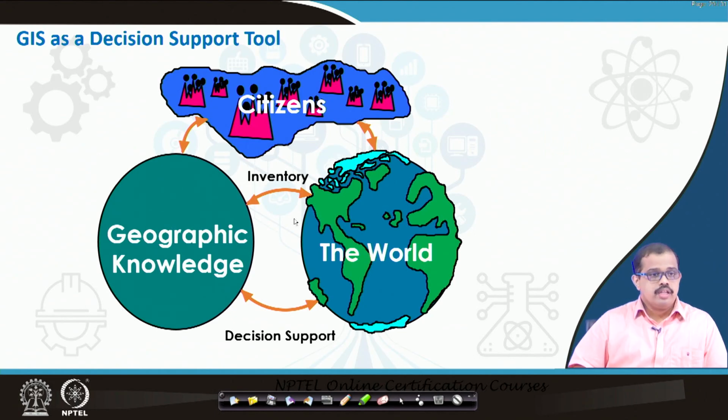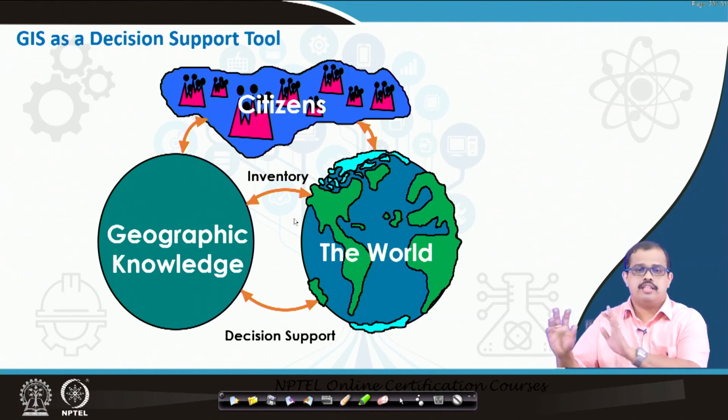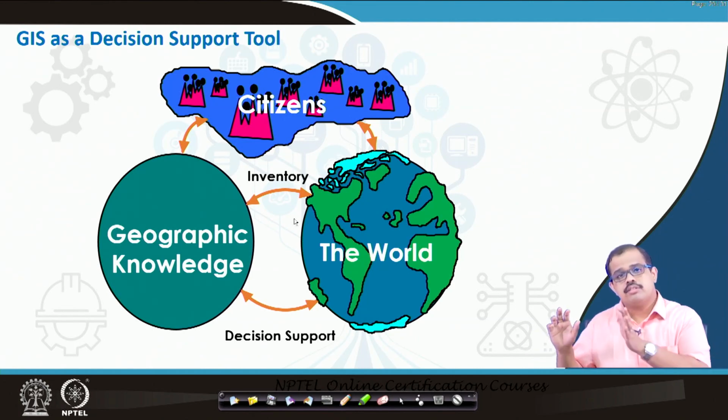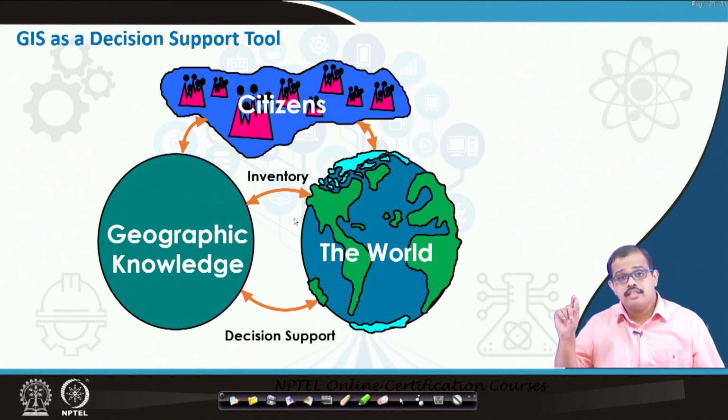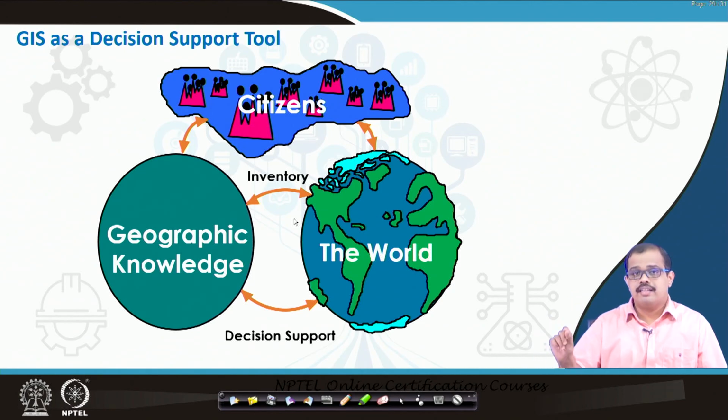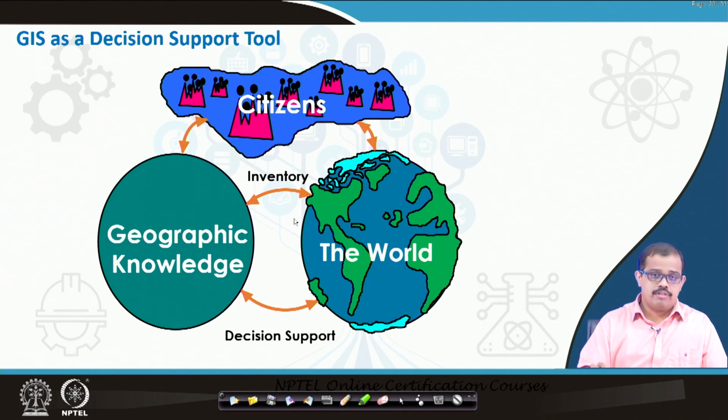It could become necessary at a certain point of time that you have to get certain infrastructure only at that place. So in case you plan an infrastructure there, GIS can help you understand, if that infrastructure comes in that place, what are the things that may change in the surrounding regions.